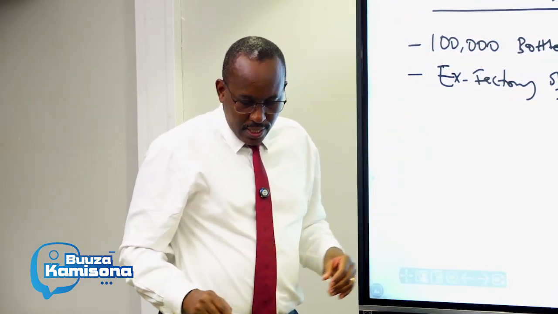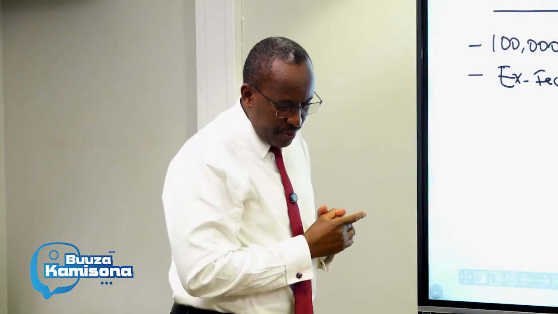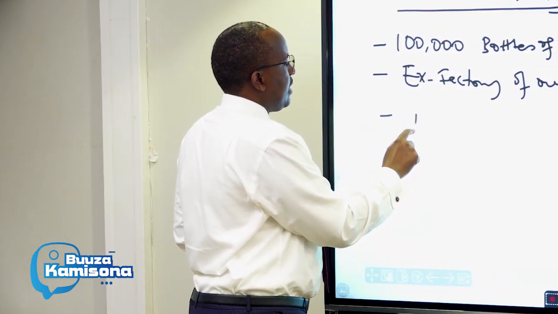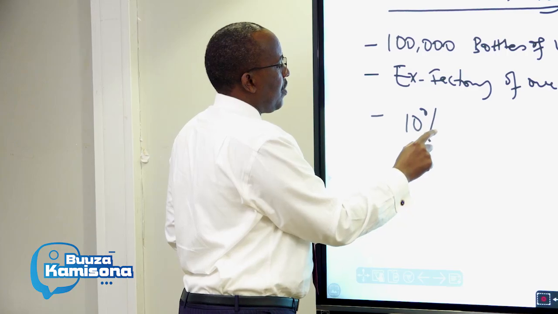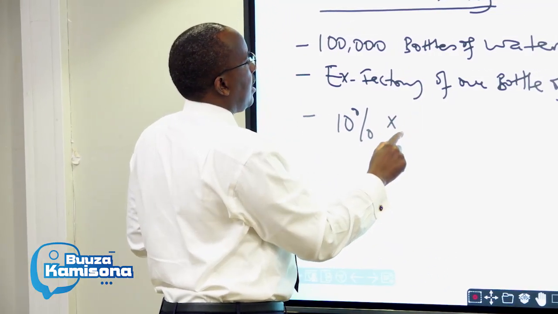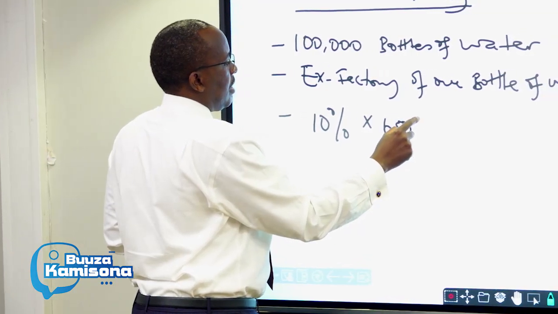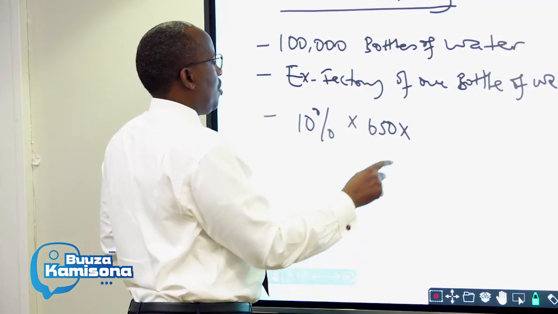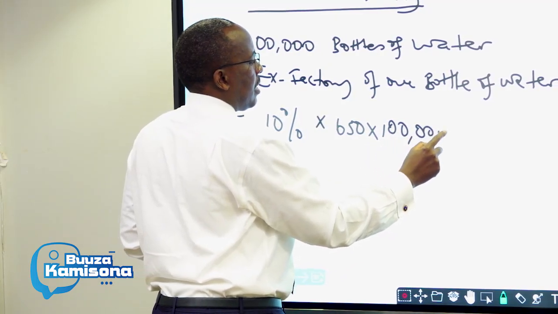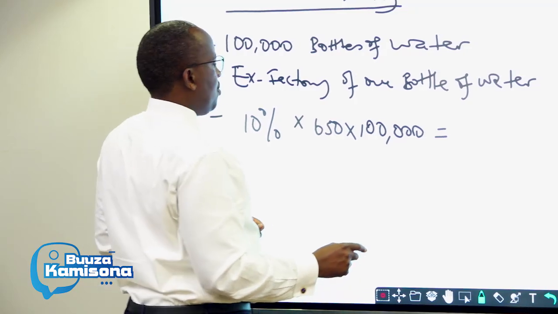For you to compute the excise duty on this water, it will be 10% of the 650 cost of each bottle of the 100,000 bottles being sold.